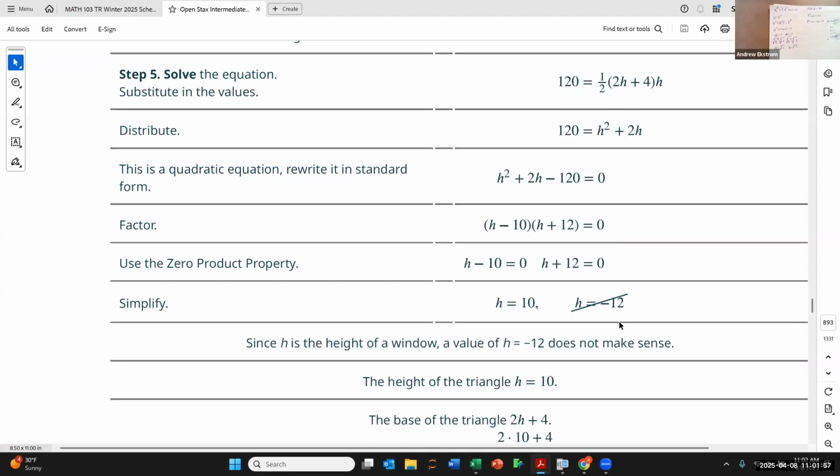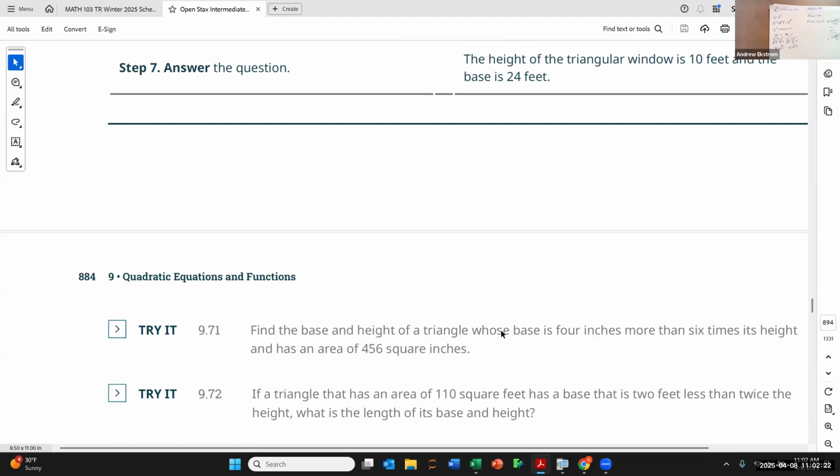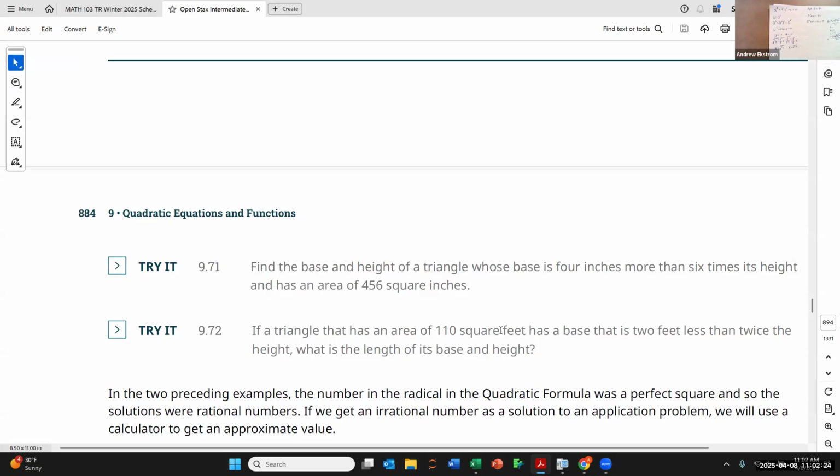And then what we have to do is try to rationalize the two values we get. Can you have negative distance if you're talking about glass? No. So we can eliminate the negative value to give us the positive value. And there are a couple of other problems that are like that on here.